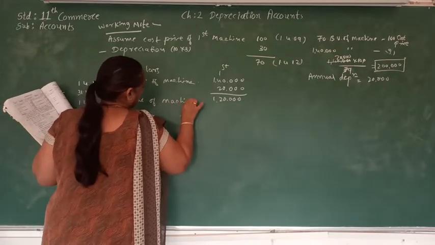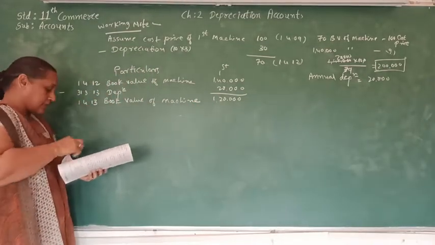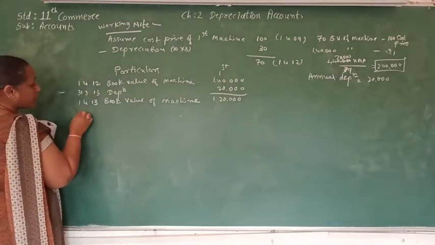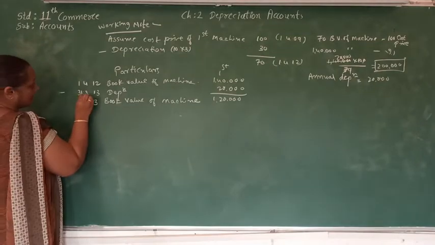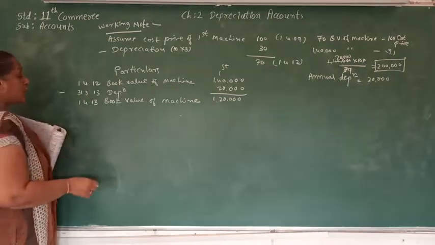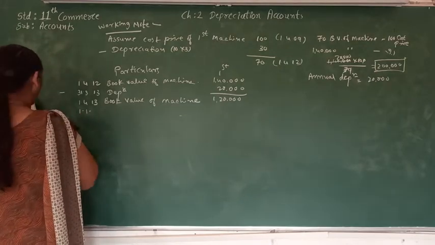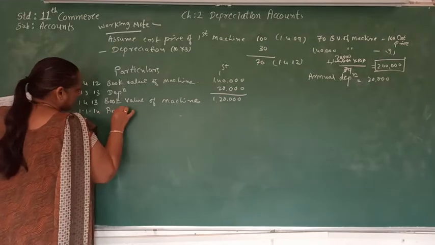Now after 1/4/13, another machine was purchased before the end of the second year. The second year will end on 31/3/14, and before that another machine was purchased on 1/1/14. So that was the purchase of the second machine.